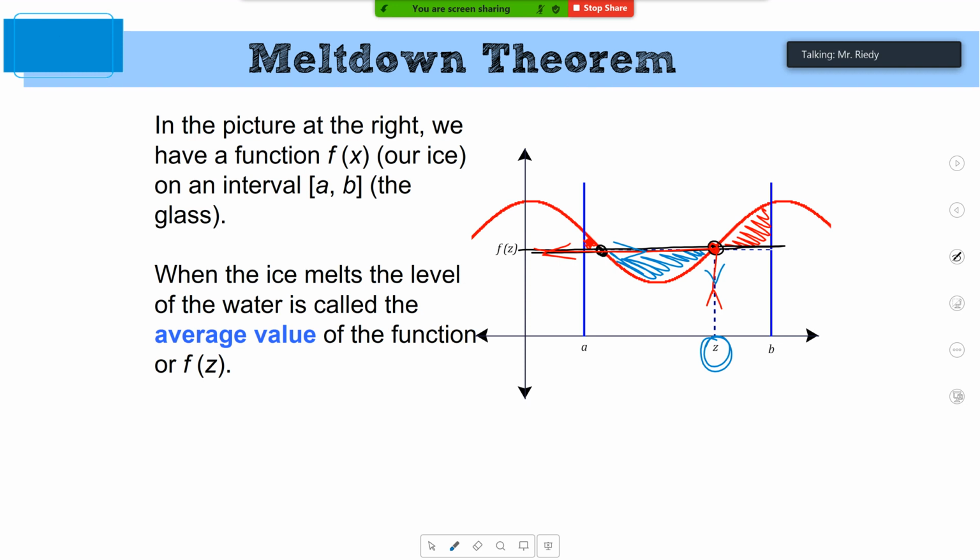Okay, so if you look at this picture, you're going to have to remember that the red area was equal to the blue area. Sorry, I had a brain fart there. We've got a nice little rectangle formed here.